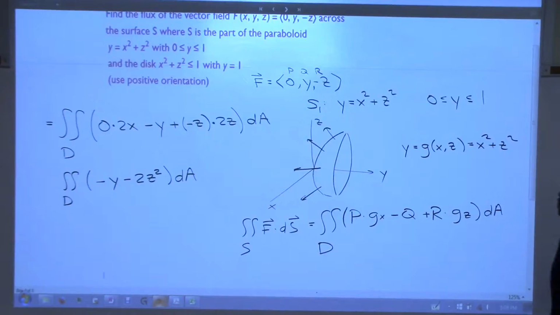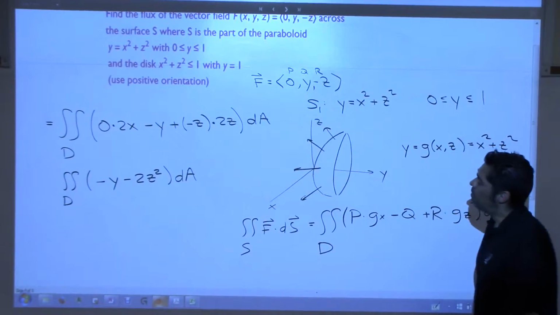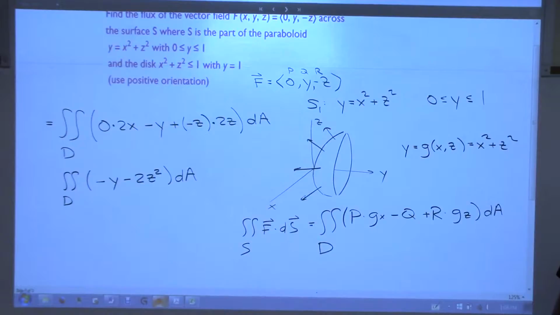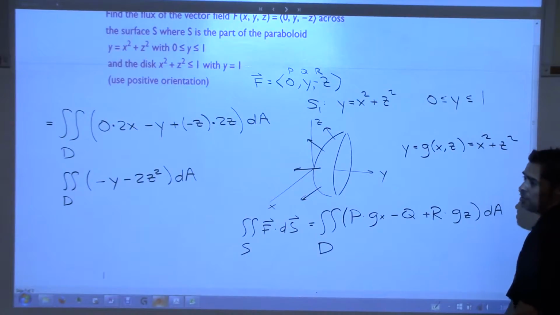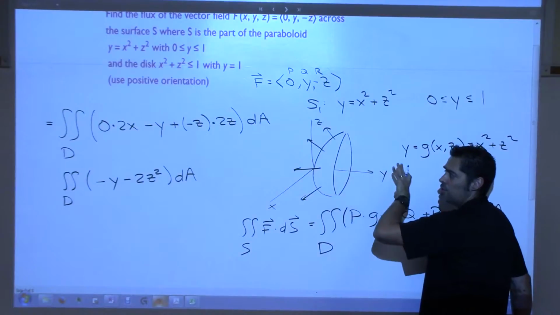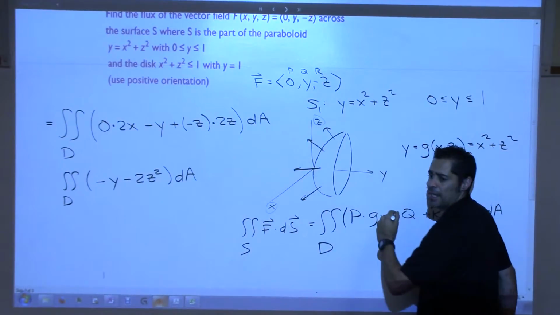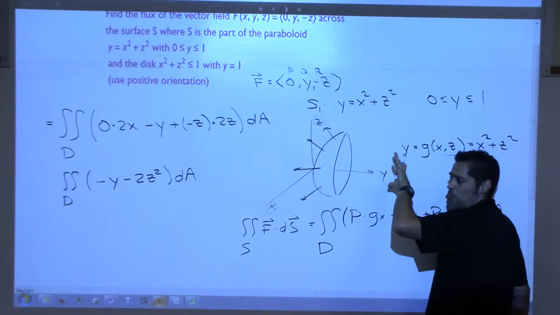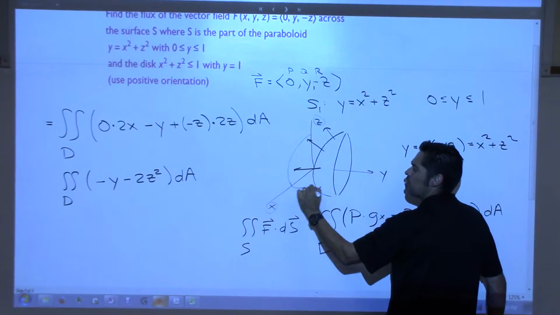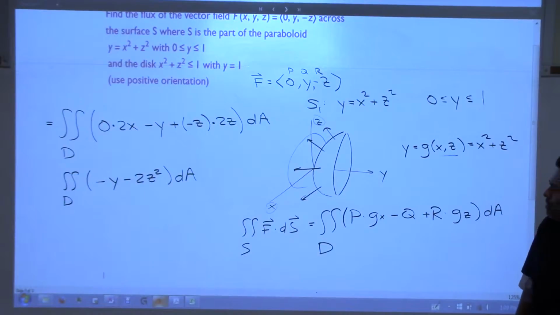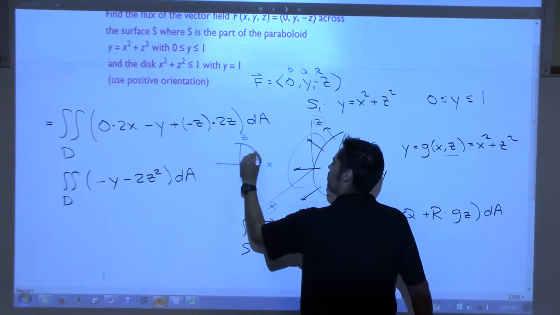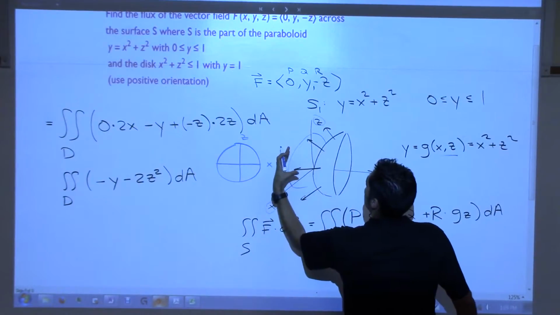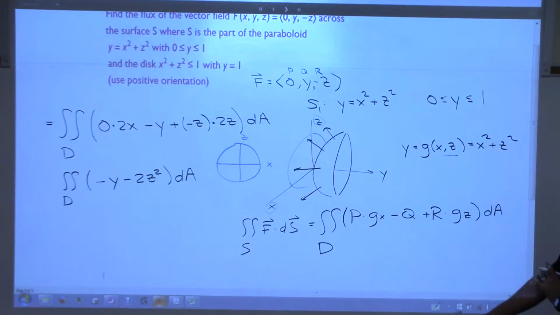Let's see now, can we get some control over our D? So look at D. Go to polar. What we try to imagine is that we're taking the projection of this surface onto the xz plane. The reason we're doing xz is because it's a function of x and z. If you project that onto the xz plane, you should get a circle back there, shouldn't you? In the xz plane, that circle that maps out to that surface, what is its radius?